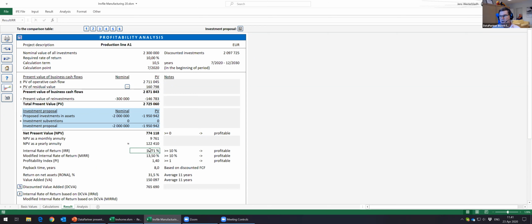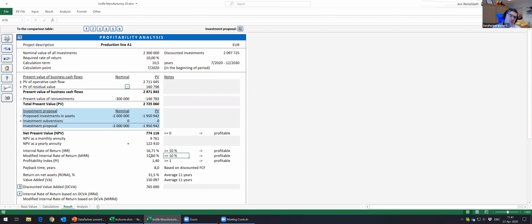So money is never idle, it's always reinvested immediately, giving the same return. The modified is a little bit more cautious. It assumes that when it's reinvested, it will give us a 10% return, which is our cost of capital. So that's why it always gives a value which is closer to the discount rate.